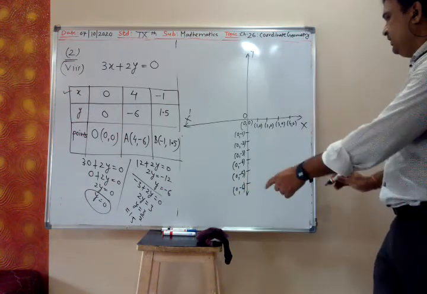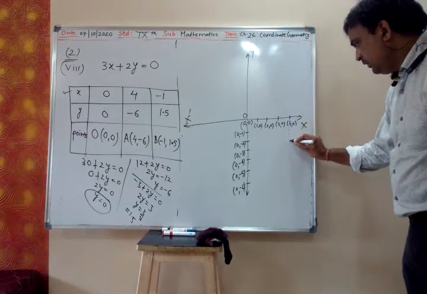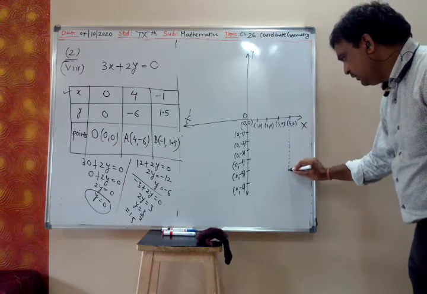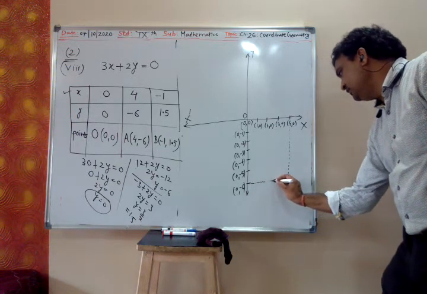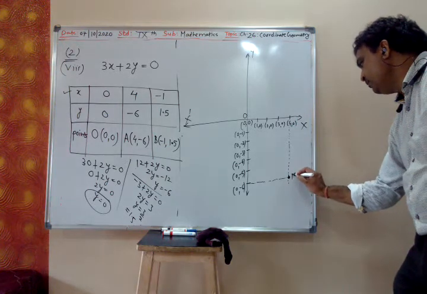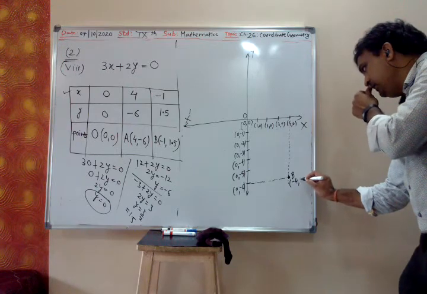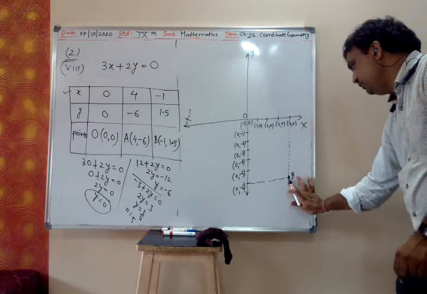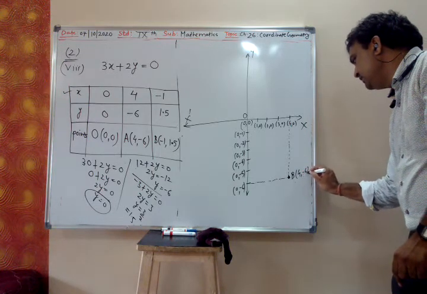So y is minus 6, x is 4. Join this. X is 4, y is minus 6. So this is my point A, 4 comma minus 6.